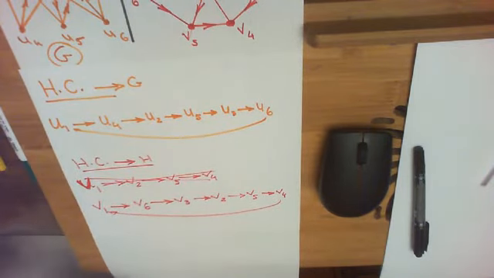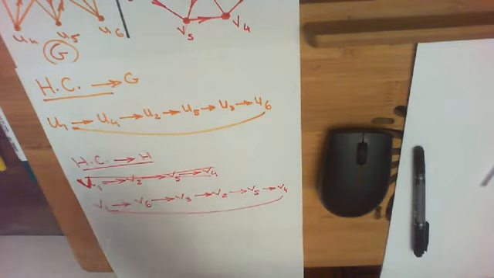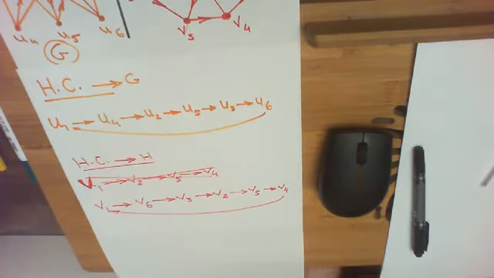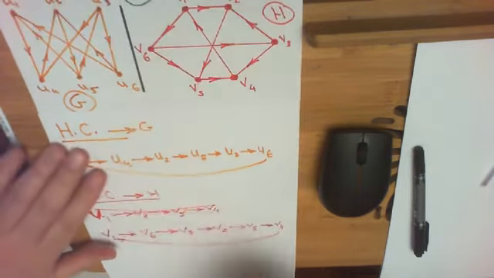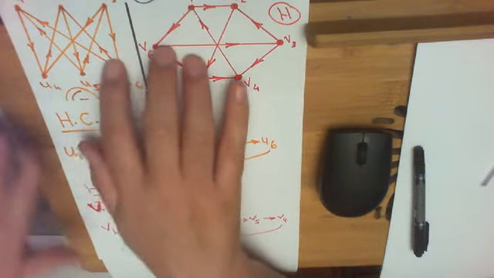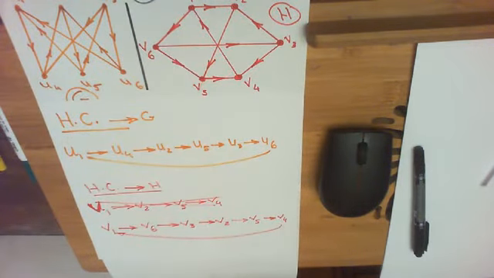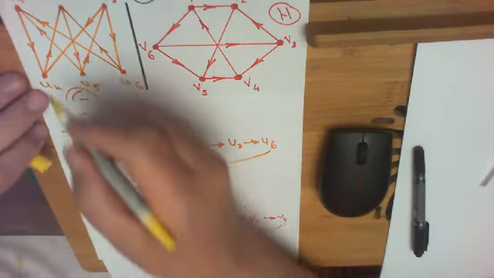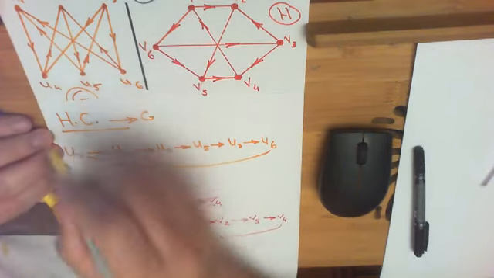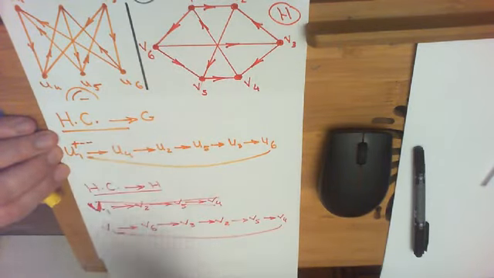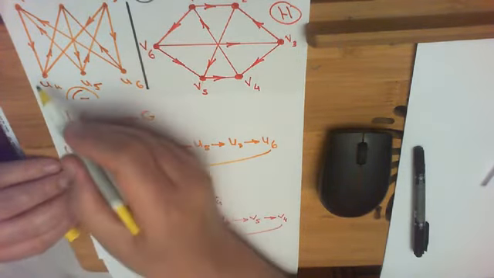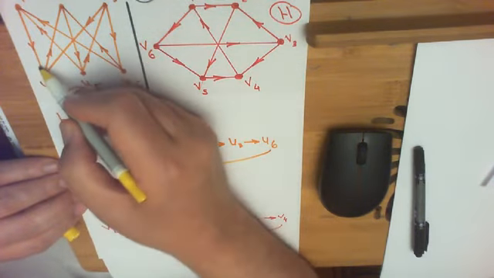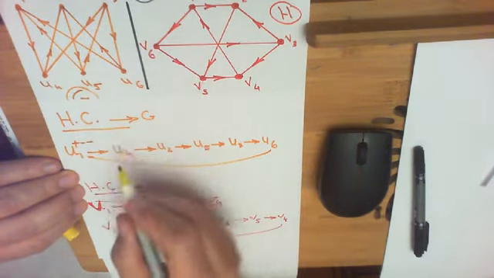Now, is this sequence completely equivalent to this? Let's check the degrees. These are digraphs, so in-degree and out-degree. For graph G: U1, 2 in, 1 out. U4, 2 in, 1 out.